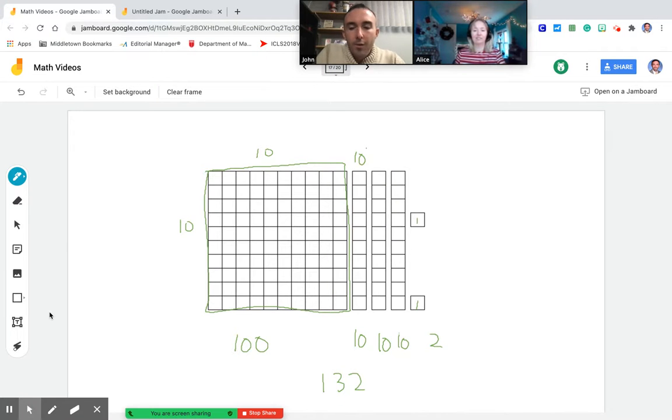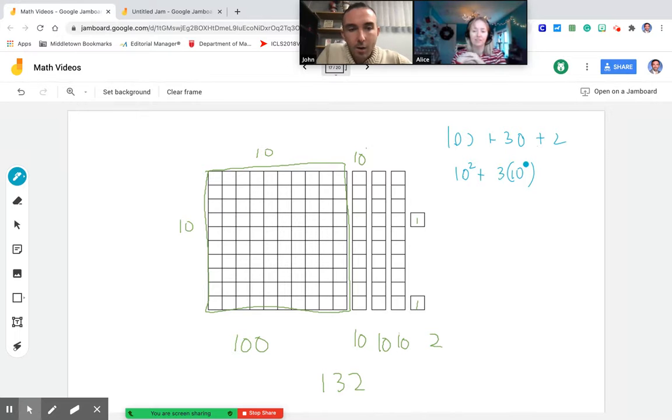Great. And to tie in the whole aspect of powers of 10 and distributing, the students will see later they could think of this sum as 100 plus 30 plus 2, which also can be thought of as 10 to the second power. So that has a base of 10. 10 by 10 is the area there. And then for the 30, that's 3 of the rectangles with area 10.